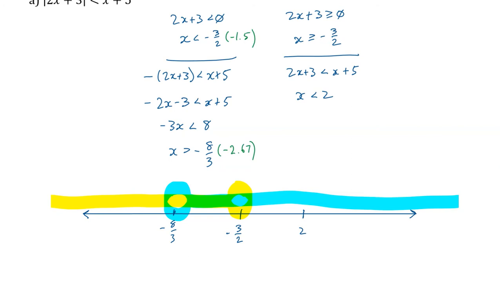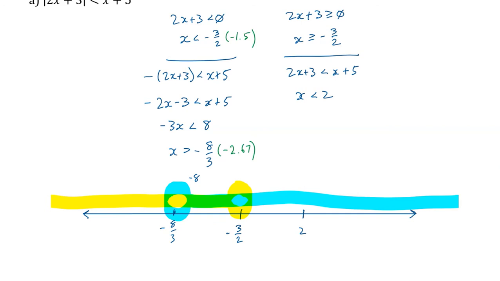Where do those two overlap, if anywhere? You can see it. Mine's cool because it actually changes color, right? But you can see where they overlap, in between negative 8 over 3 and negative 3 over 2. Yeah, but not including them, right? So I'm going to write that here.